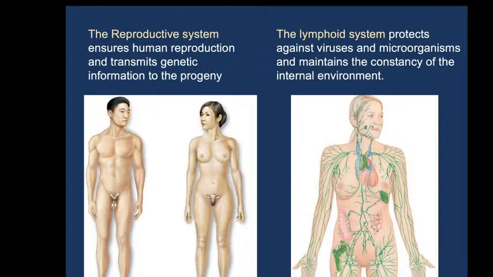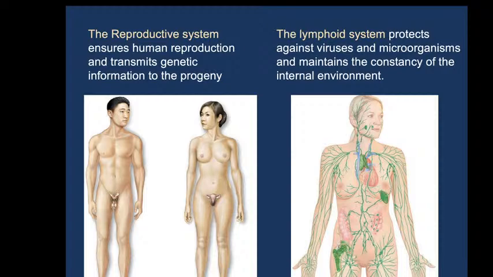And another is the reproductive system. This is a complex of organs that ensure human reproduction, and they help to transmit genetic information.